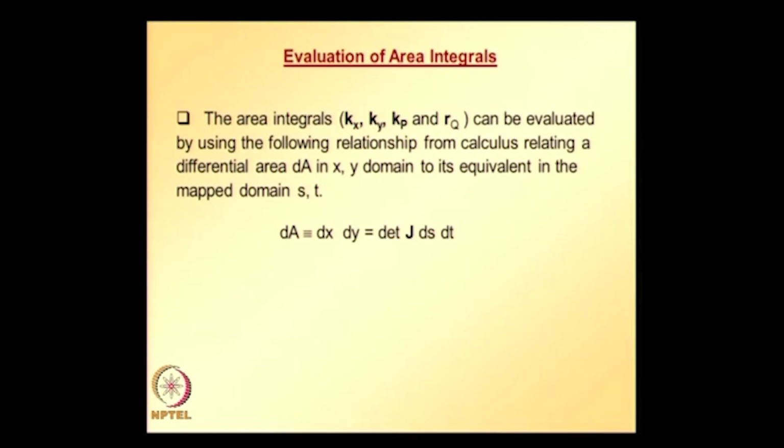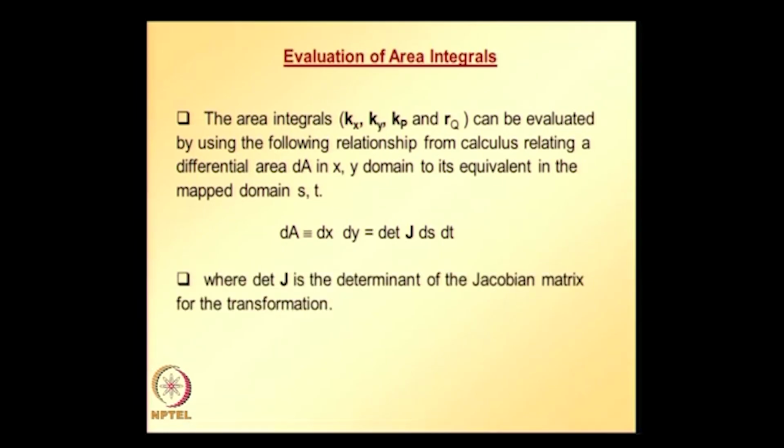Differential area in xy domain is related to its equivalent in mapped domain s, t via this relation, that is dx times dy is equal to determinant of J times ds dt, where determinant of J is determinant of Jacobian matrix that we get from partial derivatives of x with respect to s, x with respect to t, y with respect to s, y with respect to t.